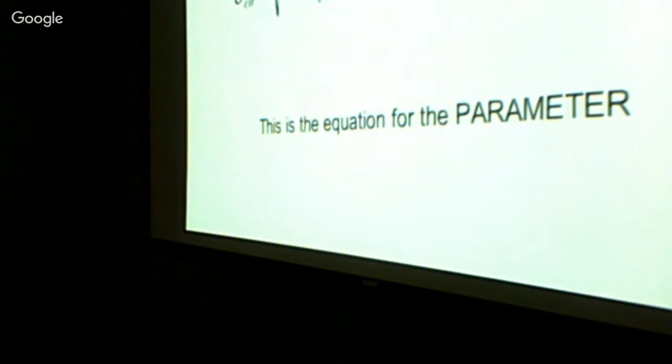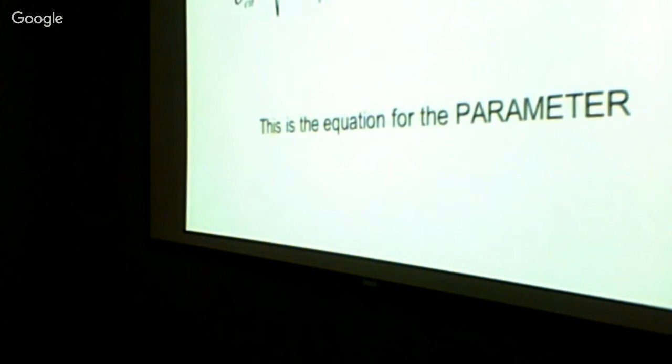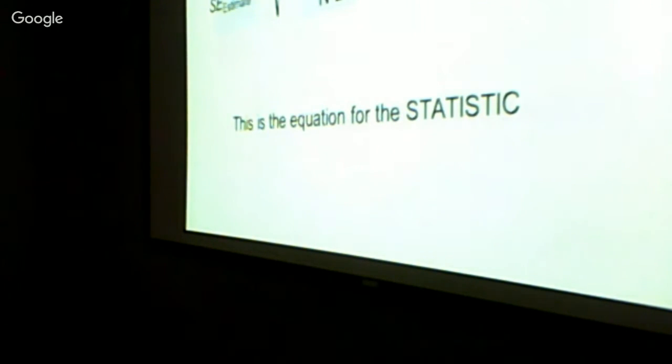Now, that's the parameter. The statistic is given by this. So again, parameter, statistic. The difference is the denominator. In the statistic, it's n minus 2, and the parameter is n. Obviously, because we're dealing with samples of a given class, we're going to deal with this formula, because that's the one that we can deal with. Now remember, that's going to be epsilon squared, and that's n minus 2. So that's our statistic.